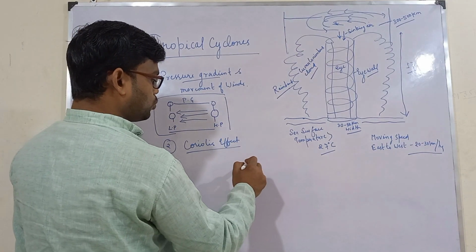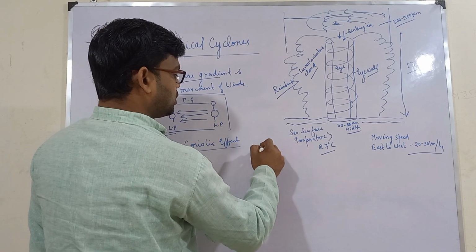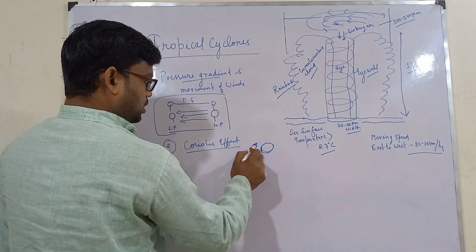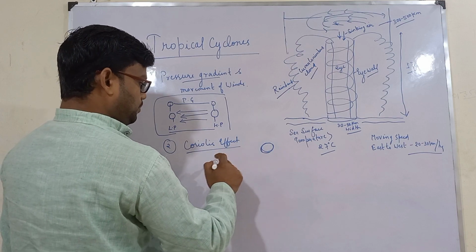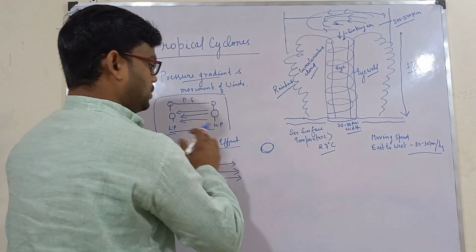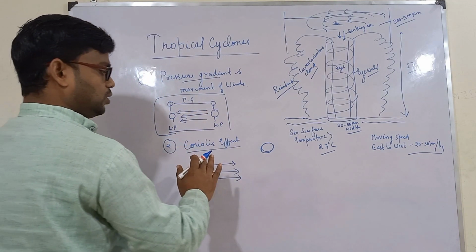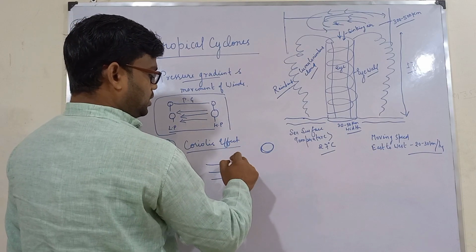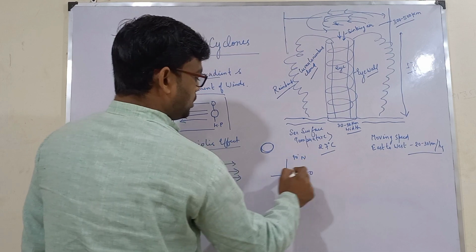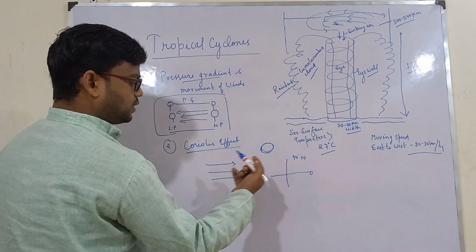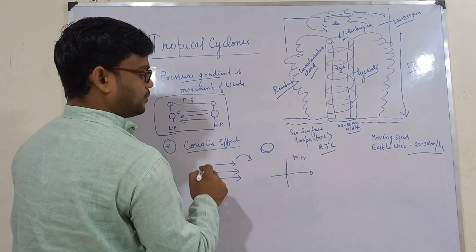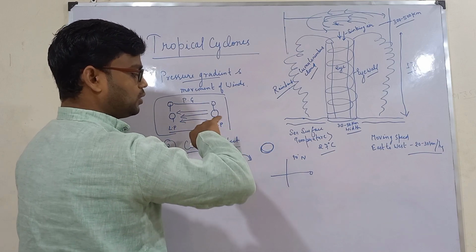Due to rotation of the earth, it makes the winds or the objects moving over the surface of the earth rotate in the northern hemisphere, means from 0 degree to 90 degree north. This Coriolis effect, due to movement of the earth, makes the objects shift or move towards the right.